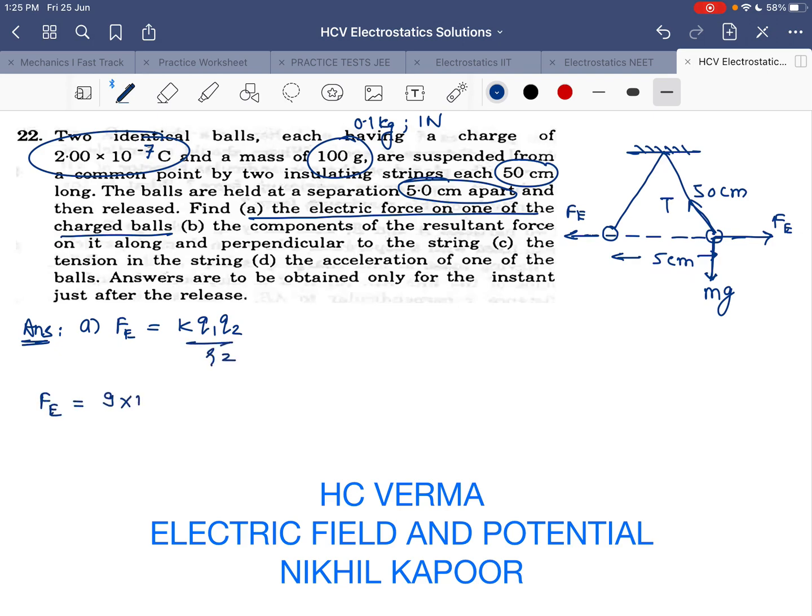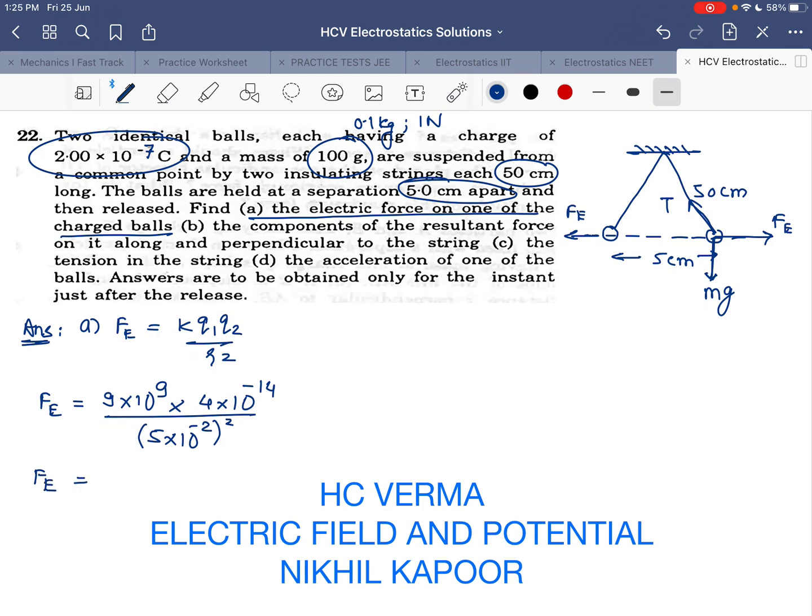So the value of k is 9 into 10 to the power 9 into, both the charges are having same value, 2 into 10 raised to minus 7. So 2 into 10 raised to minus 7 into 2 into 10 raised to minus 7 will be, the square of 2 will be 4, and 10 raised to minus 7 square will be 10 raised to minus 14 divided by distance, that is 5 centimeter. So it will be 5 into 10 raised to minus 2 the whole square.